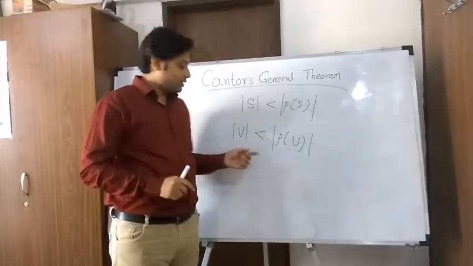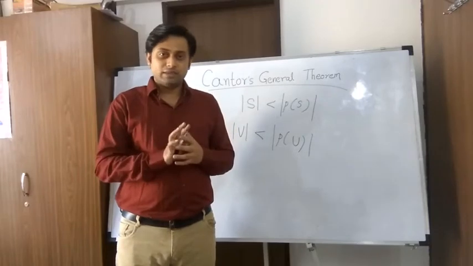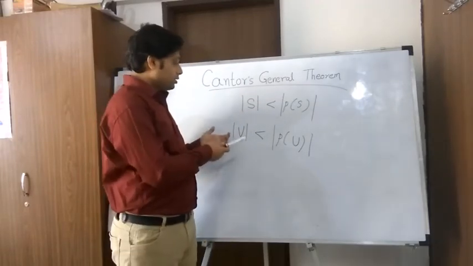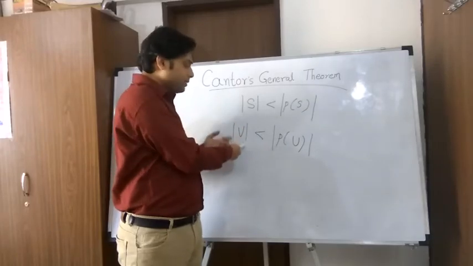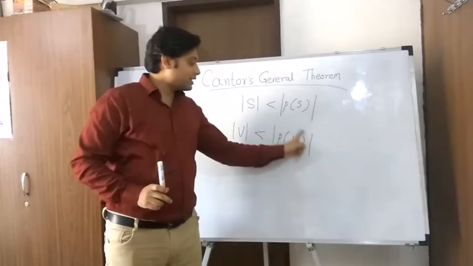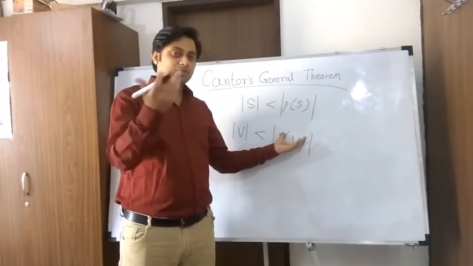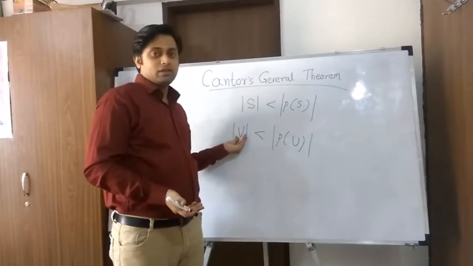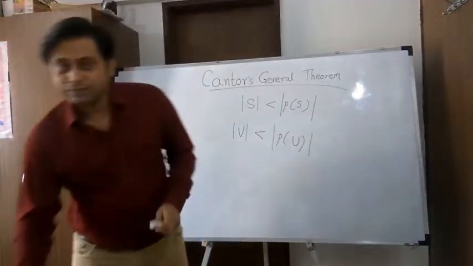So the first implication is that the idea of a universal set is somewhat problematic, because if the universal set contains all the elements, then where will these extra elements come from? The power set of the universal set is a larger set. It contains a few extra elements than this set. So where do those extra elements come from? This is the first implication.